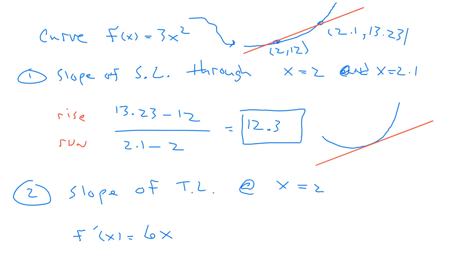So the tangent line, by definition, intersects the curve at only 1 point, and then they diverge. So it's like you're going along the curve, and then there's this point where the tangent line and the curve meet each other, and then the tangent line veers off from there.